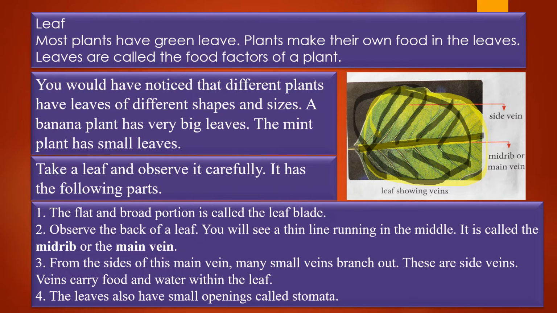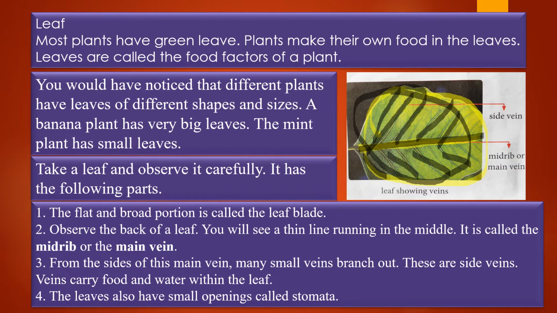The leaves also have small openings called stomata. What is the work of stomata? You already know that. Through the stomata, leaves breathe in air. So we come to know that veins are there.